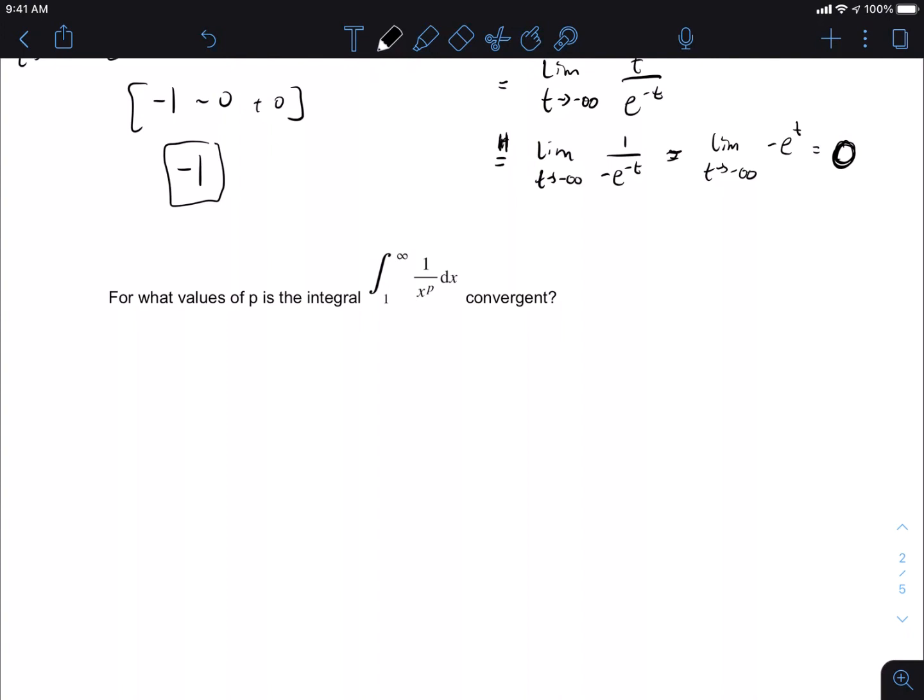So let us go. In this problem, the first example that we did in class, I showed you that if we have 1 over x, what did we end up getting?